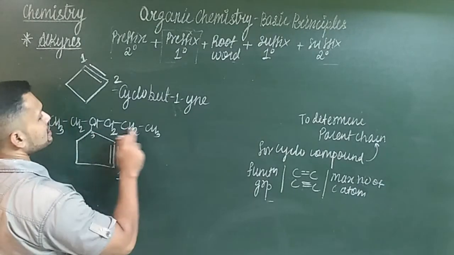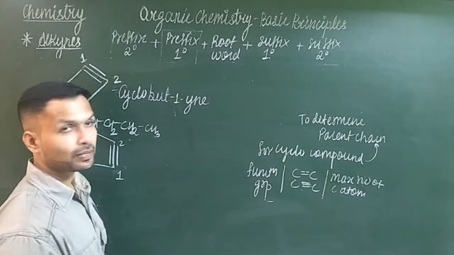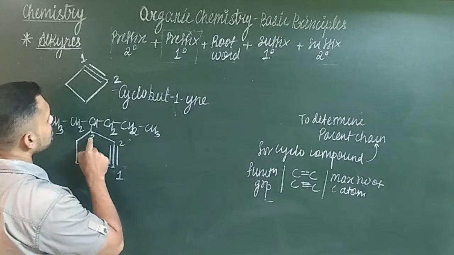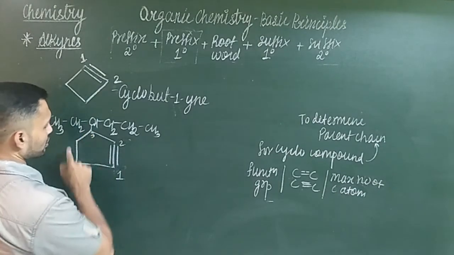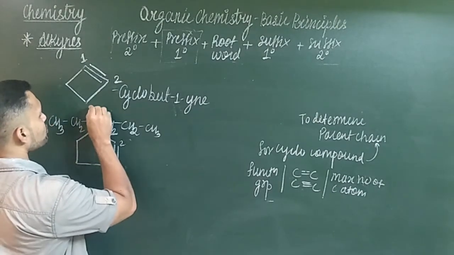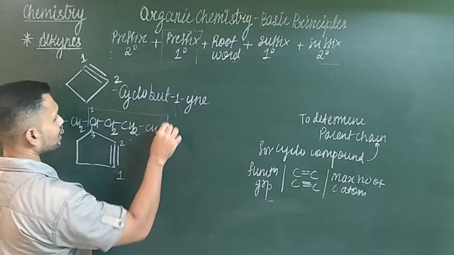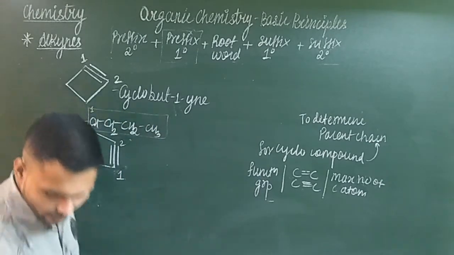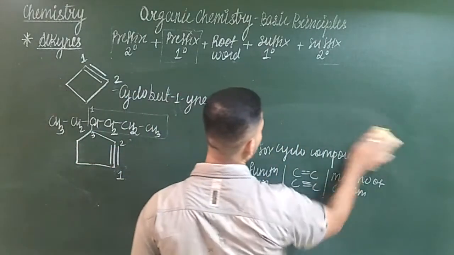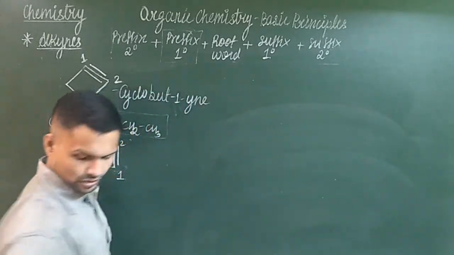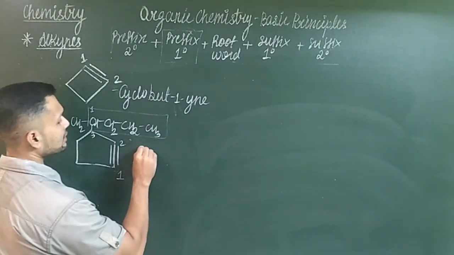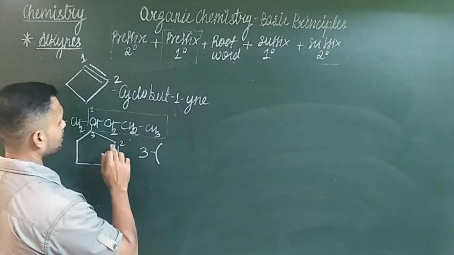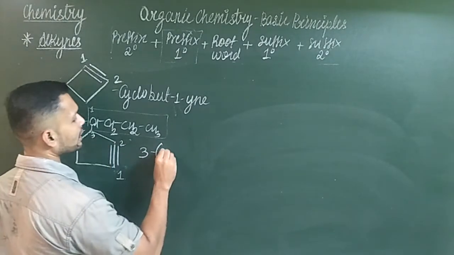Now this is the substituted branch, complex branch now, because to this third carbon of the root chain, this branched first carbon is attached. So we'll take a longest chain over there. So how to name that? So simple name. So we'll write it as 3 bracket 1 ethyl.